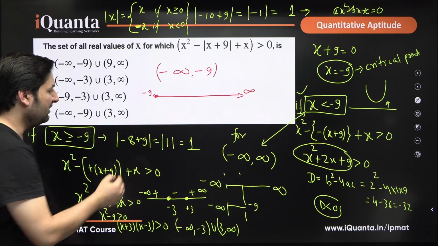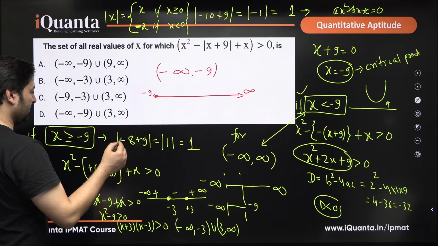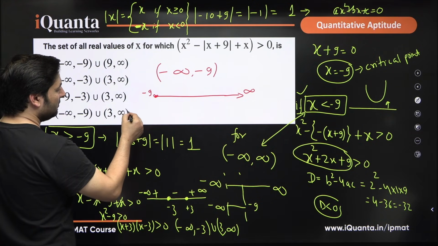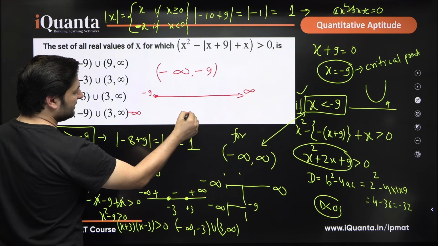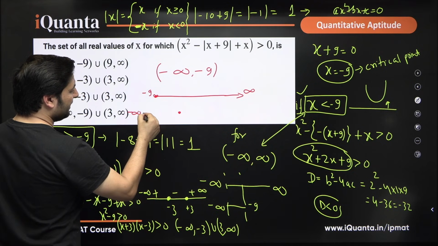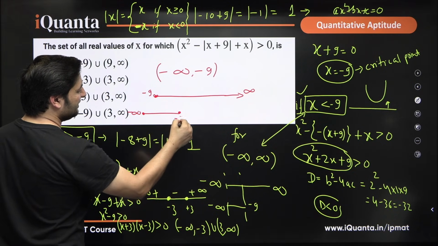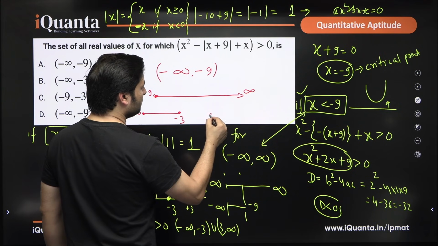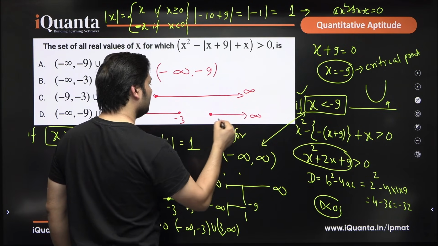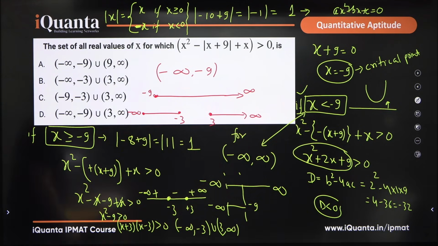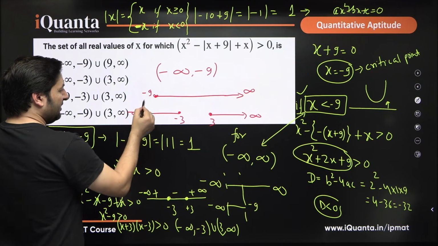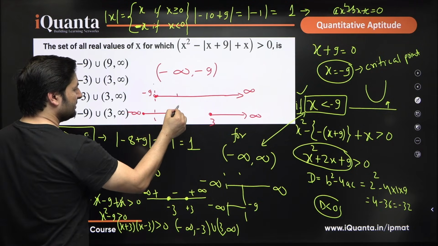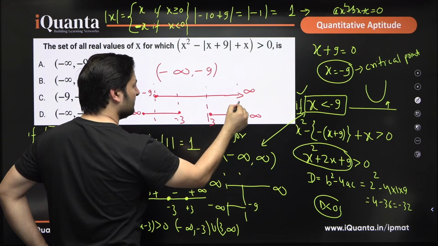And here it is minus infinity to minus 3 first. So minus infinity to minus 3 will be somewhere over here, and then 3 to infinity. What is the common range here? What do you see? You see that this part is completely common and this part is completely common.